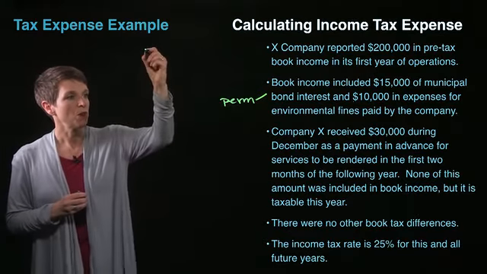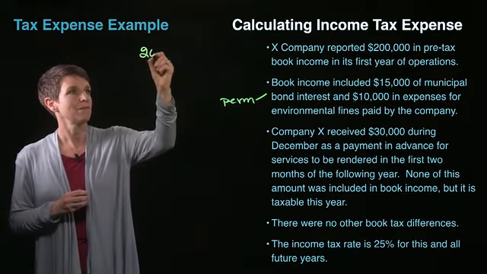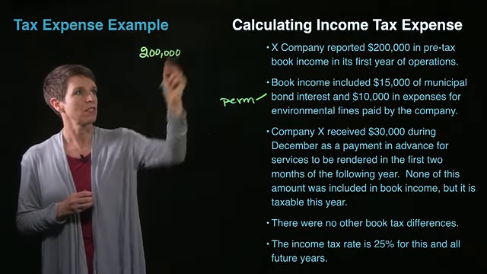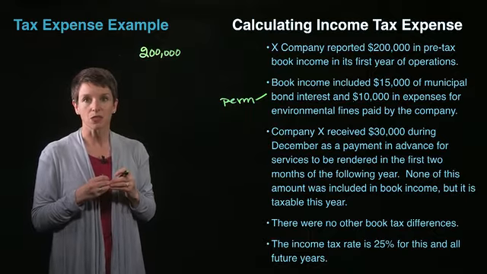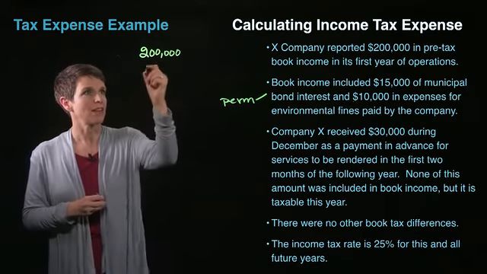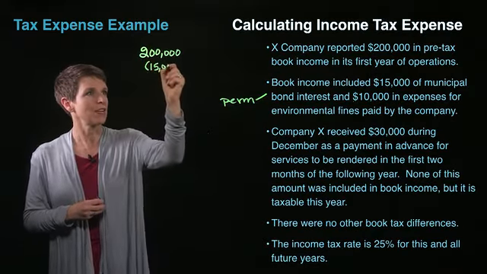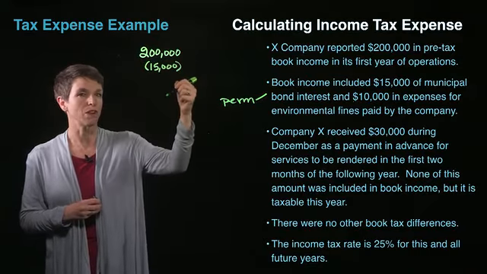So if we start with our pre-tax income of $200,000 and we want to remove the impact of the municipal bond interest, we're going to have to subtract $15,000 because the interest is already included as revenue in that number.